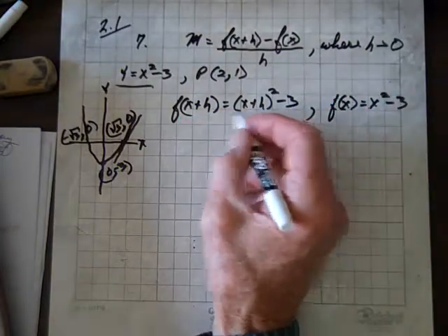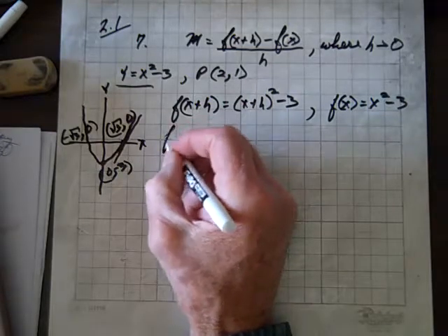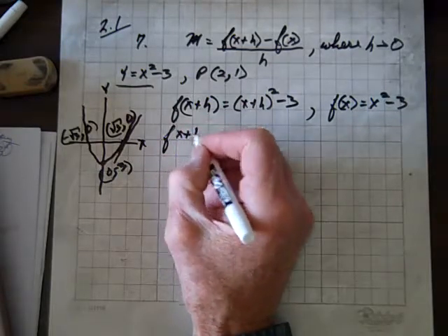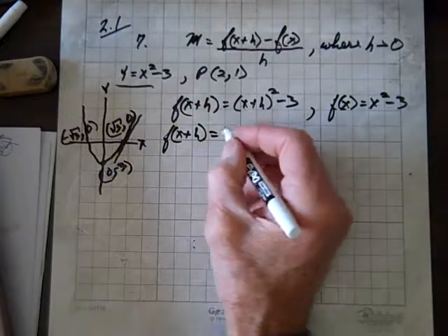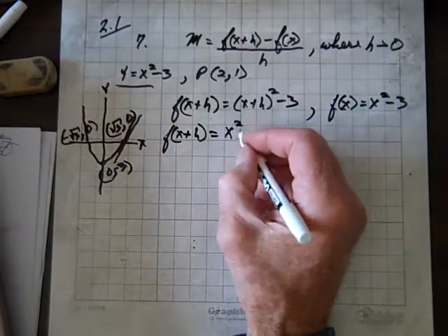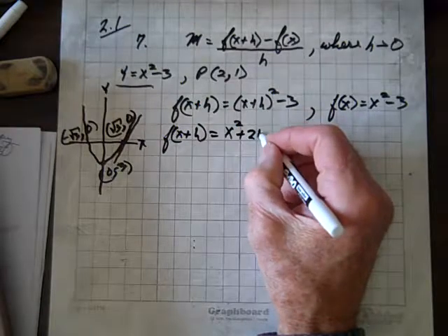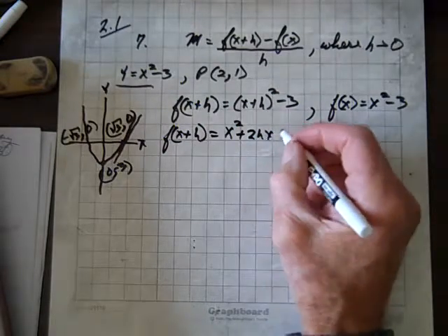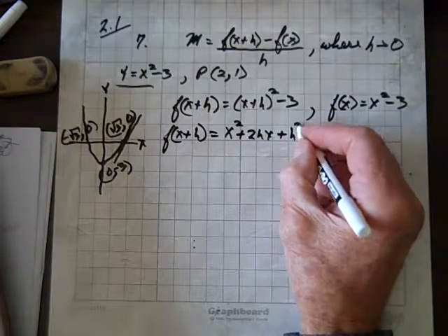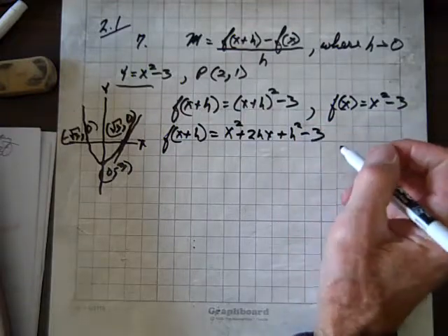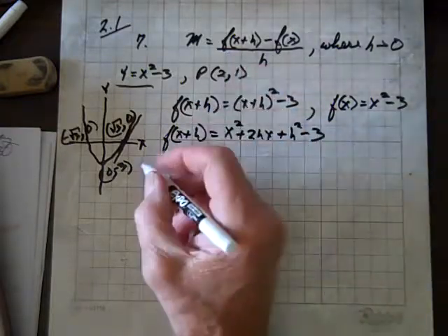So let's expand this guy, and so f of x plus h equals x squared plus 2hx plus h squared minus 3. Now, let's build this equation.